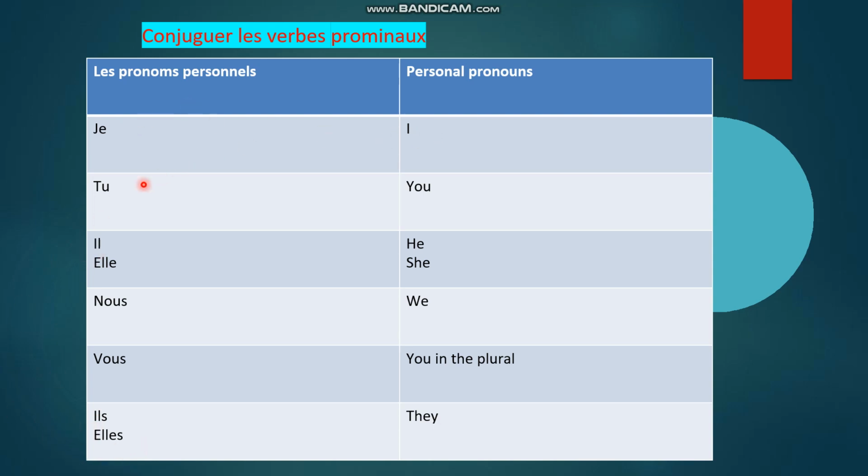Je, it is I, tu, it is you, il, elle, he, she, nous, it's we, vous, you in the plural, and they have said or explained why we have two you in French. Et on a ils avec S, elles avec S, it's they. Ils avec S, it's for boys or for boys and girls, and elles avec S, it's only for girls.